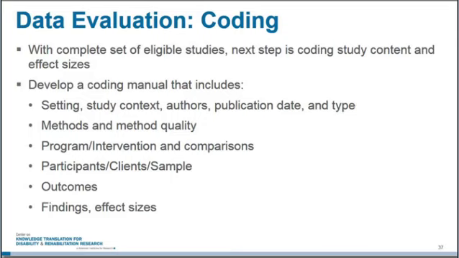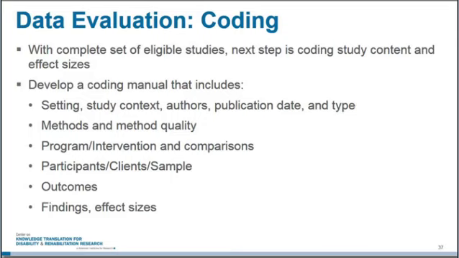Okay. So once you have that complete set of eligible studies, your next step is to code aspects of the study content and also to get the effect sizes. So what you would normally do is develop a coding manual that includes codes for recording things like the setting of the study, the author's publication date type, the methods used in the study, and the quality of the methods, which I will talk about in a moment.